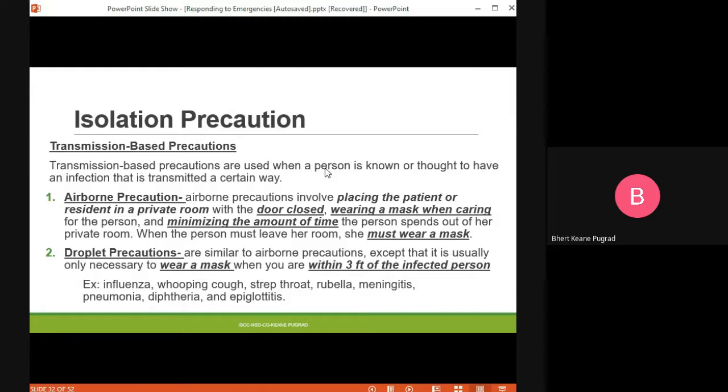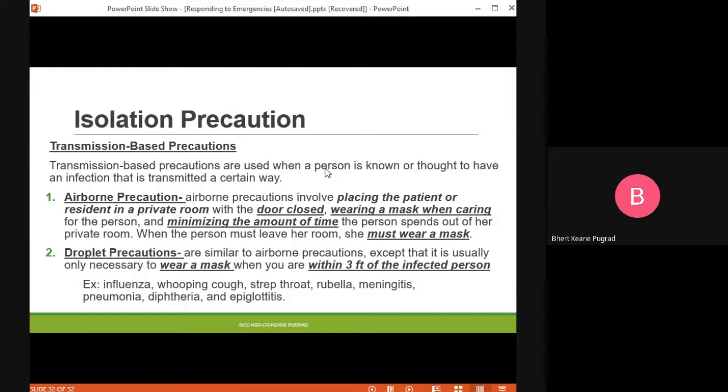So when we say 3 feet, at least 1 meter, no? Kapag ikaw ay close contact with the patient, like for example, you are taking care of a patient with influenza, whooping cough, strep throat, meningitis, rubella, pneumonia, diphtheria, okay, or other forms of highly infectious diseases, you always need to wear a mask, okay?